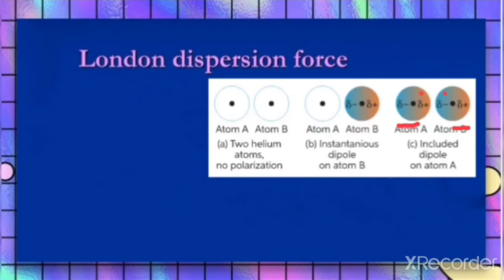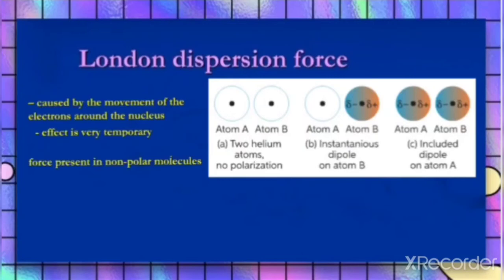So this dispersion force is the force that exists between two non-polar molecules or between two atoms. That is due to the instantaneous dipole developed in one of the atoms and the instantaneous induced dipole developed in the other atom.